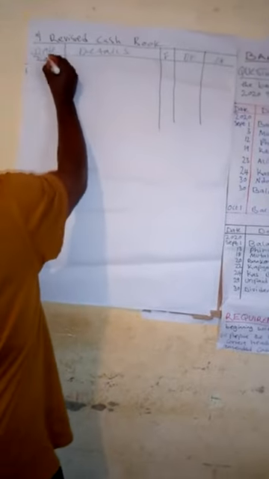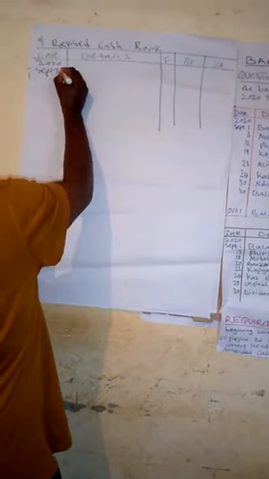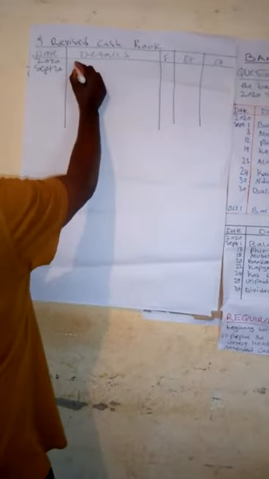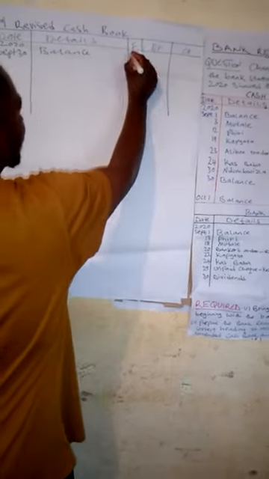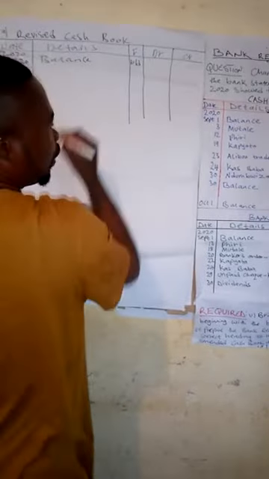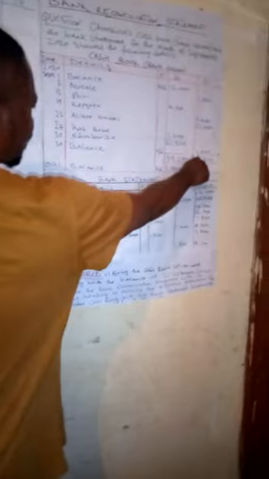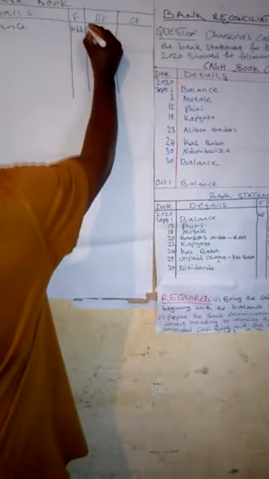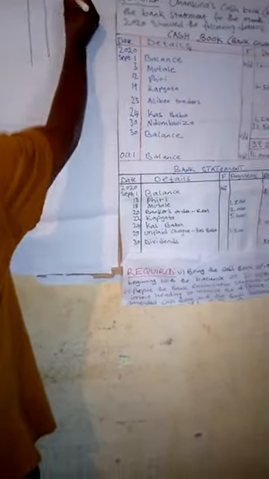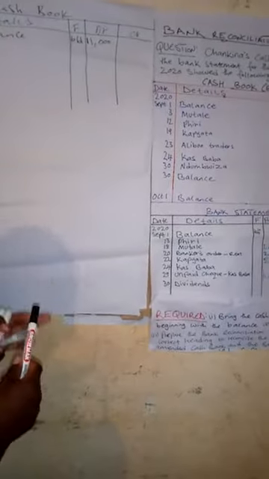So the year is 2020 and we have been told to use the balance for September 30. So here you write balance brought down. This balance, which is on 30, here it is on the credit side. So when you bring it down, it comes to the debit side. So you have 11,000.